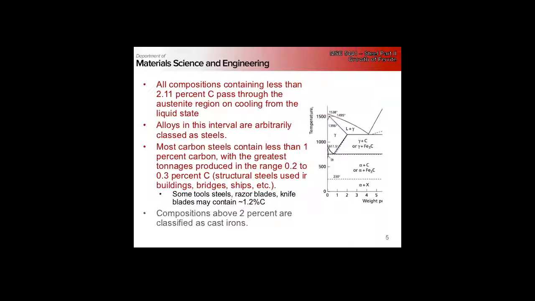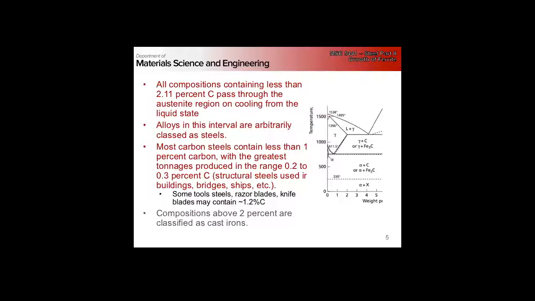Okay, so all compositions that contain less than 2.11% carbon pass through the austenite region on cooling from liquid, and we're going to arbitrarily classify these as steels. But remember, most of the time we're dealing with steels that are pretty close to the eutectoid composition or less, right?